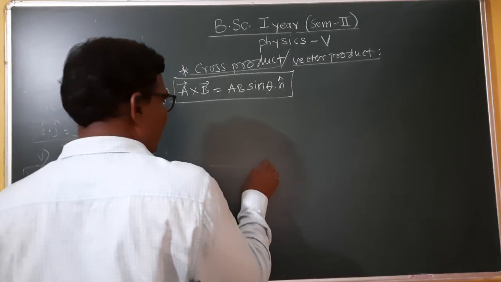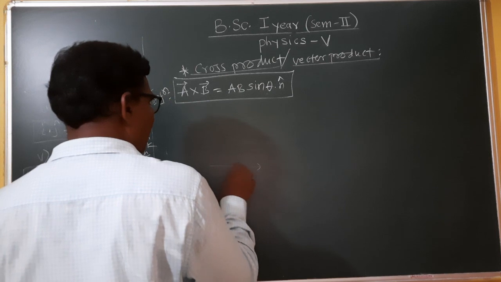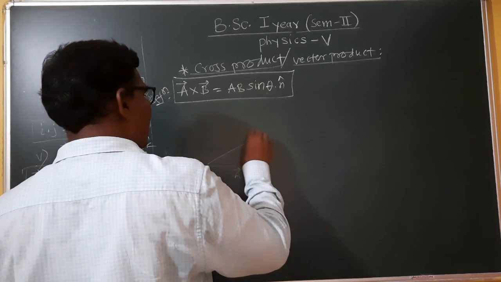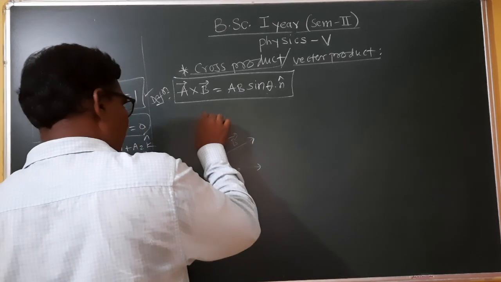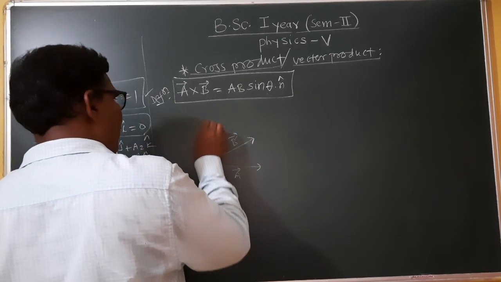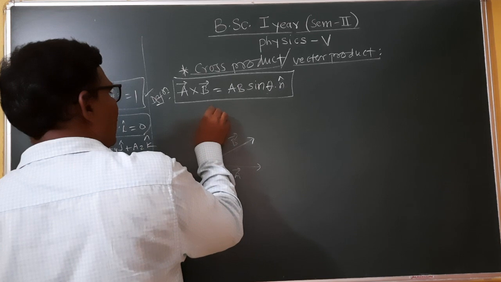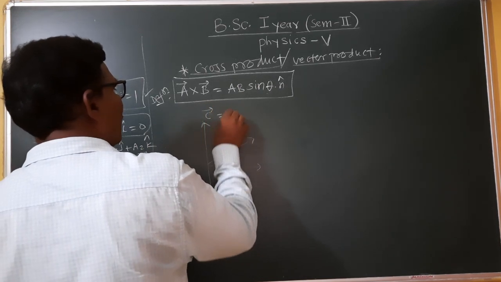First vector is say A bar, second vector is say B bar, and here a third vector, say C bar, is equal to what?